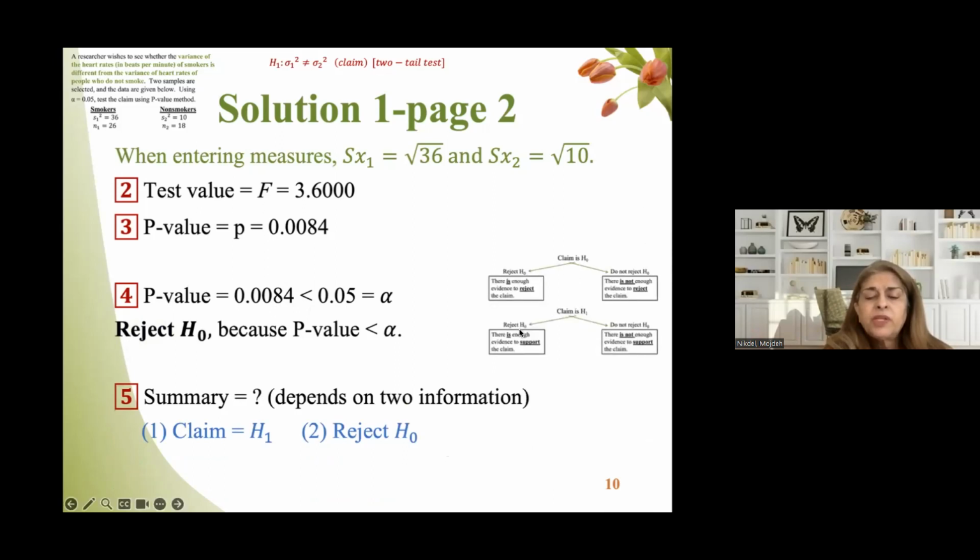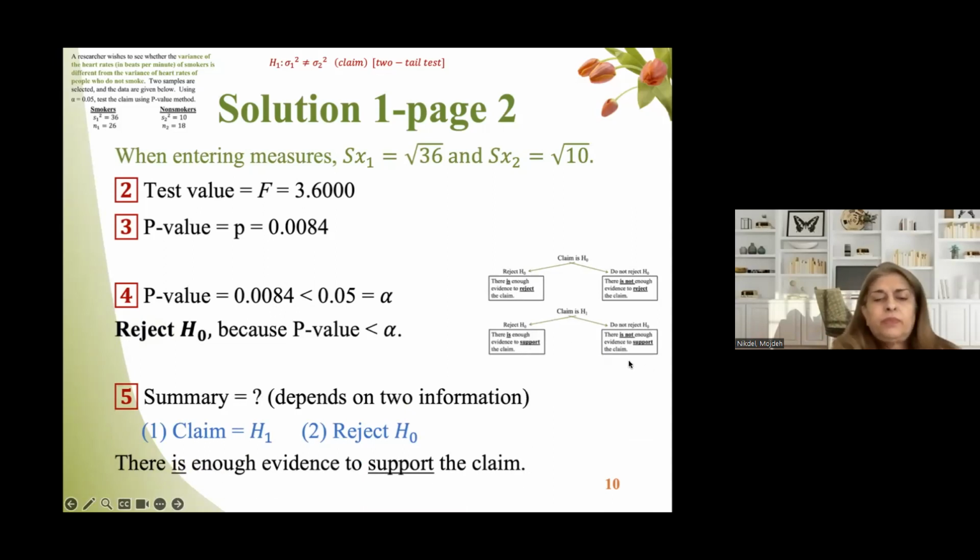According to the hypothesis testing, claim was H1, I rejected null. There is enough evidence to support the claim that sigma square 1 is not equal to sigma square sub 2. Any question?